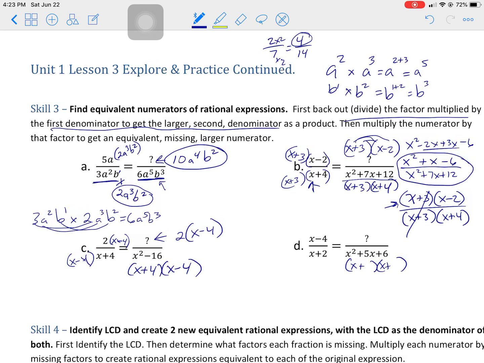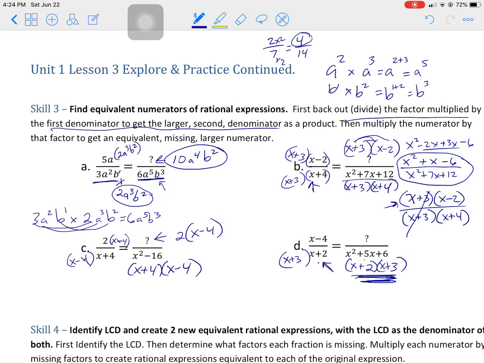This one, plus, plus, plus, plus. So it's either 2 and 3 or 1 and 6. Since it's a 5, it's 2 and 3. So that means this one got multiplied by this. All right. If you do this and this number's not in there, you did something wrong here. Okay. So if it had been a 1 and a 6, that wouldn't work because there's no way that's going to equal that.